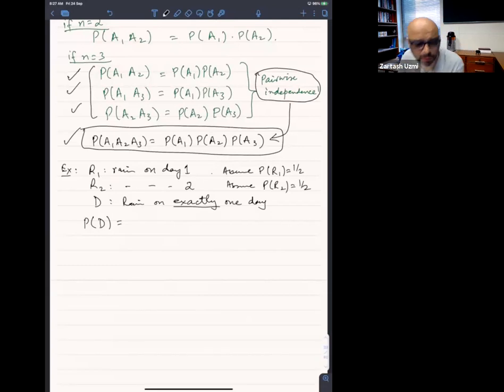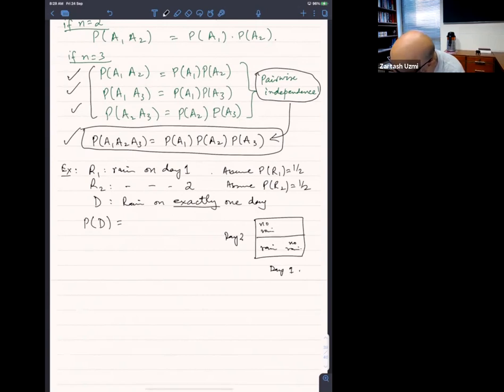So sample space में कितने points होंगे? 4 points होंगे. 4 points क्यों होंगे? क्योंकि ये देखें, ये आपके पास day 1 है और ये आपके पास day 2 है. Day 1 के अंदर रेन हो सकती है और नो रेन हो सकती है. ऐसे नहीं लिखना चाहिए.